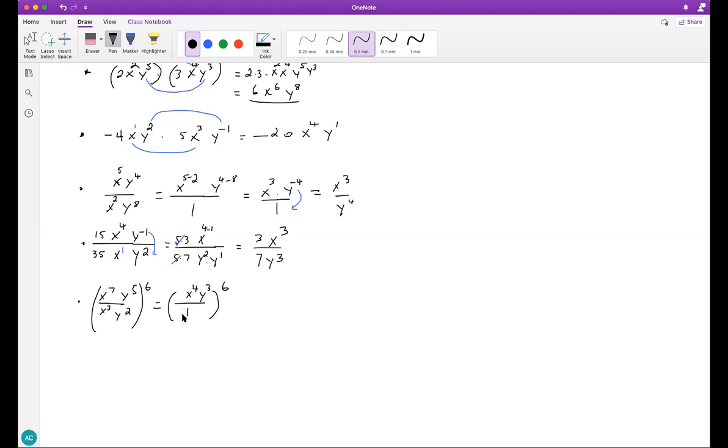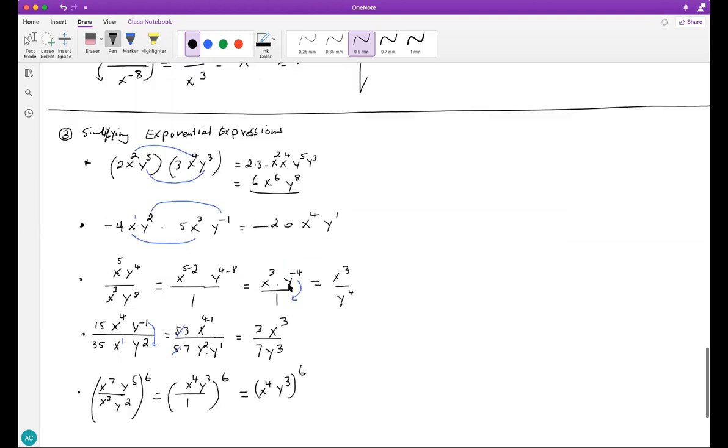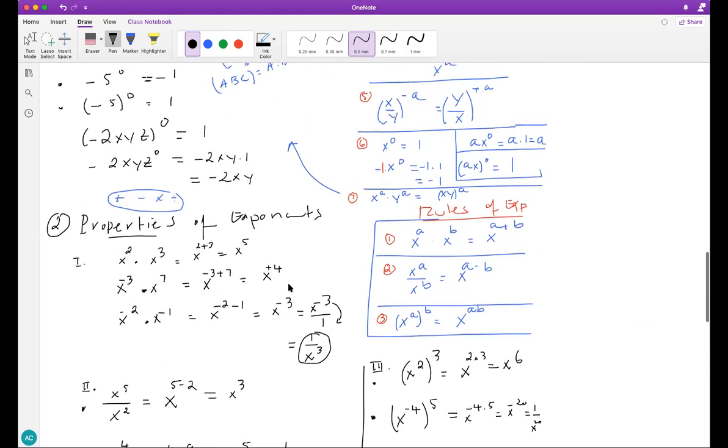We don't need that fraction anymore, as you can see. It's positive here, so we can just say x4 y3, the whole thing, to the 6th power. We need to do one more thing here. We need to simplify this. Which rule from this list do you think we're going to use to do that?